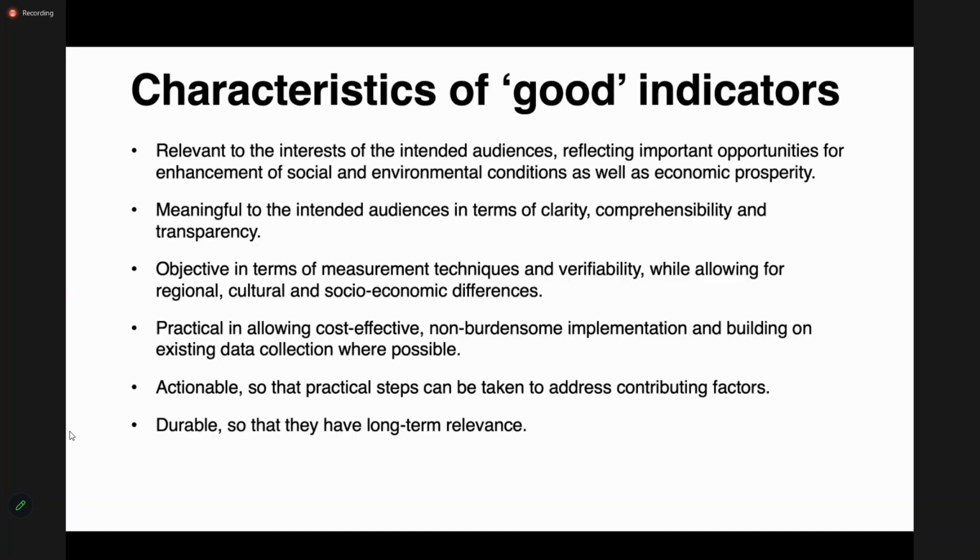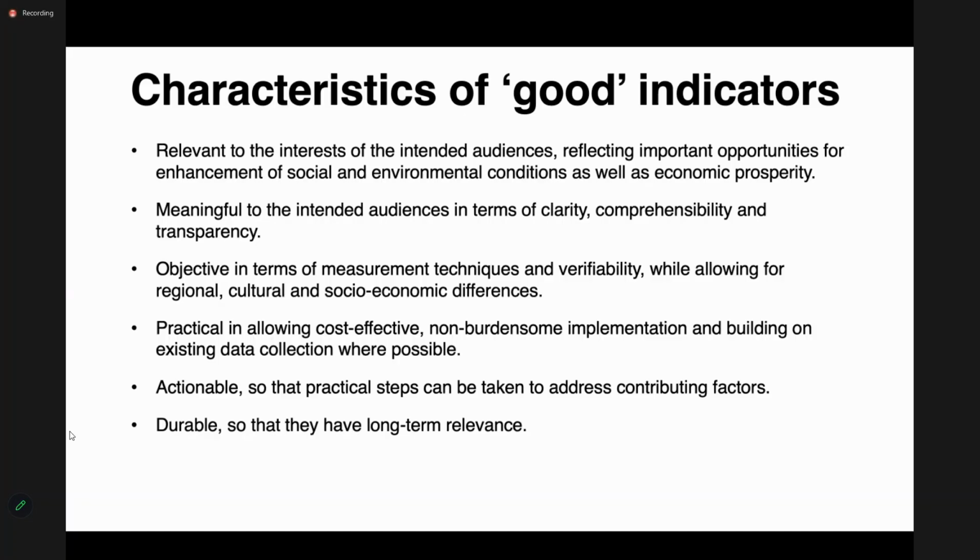So there are certain characteristics of good indicators. One is they have to be relevant. They reflect the interests of your target audience and the important opportunities, and address the social, environmental, and economic aspects.